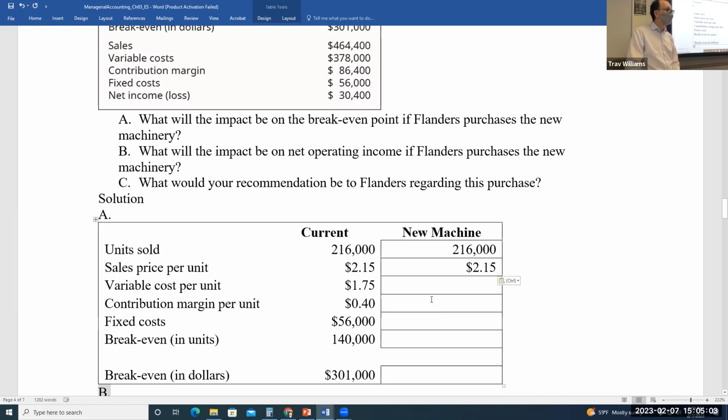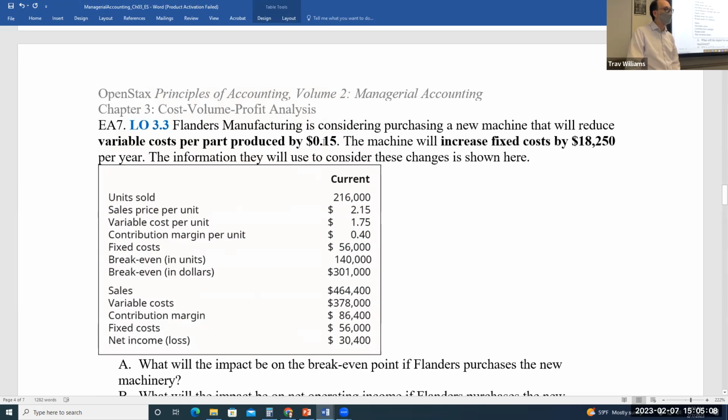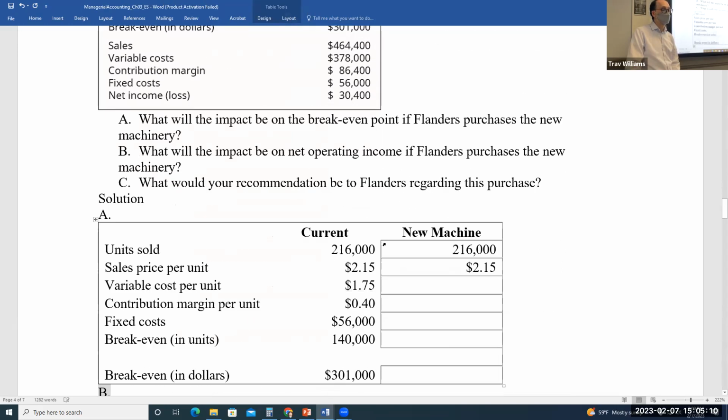Is there a change to variable cost? Yes, remember, that's going down by 15 cents per unit. So that brings it down from 175 to 160. So what is our new contribution margin per unit? 55 cents, right?